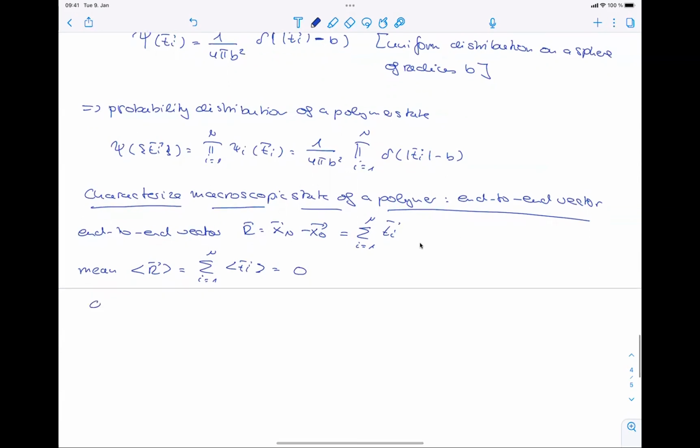As all orientations are equally likely, and I have anti-parallel bonds cancel each other.